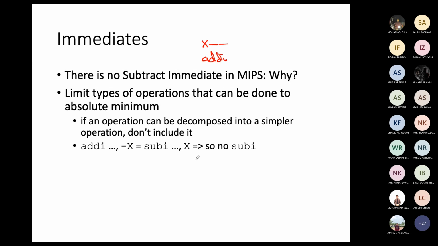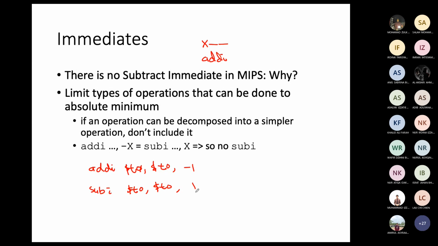So subI can be said like this: ADDI $t0, $t0, -1 is equivalent to subI $t0, $t0, 1.